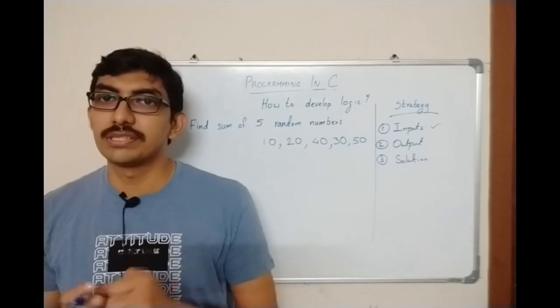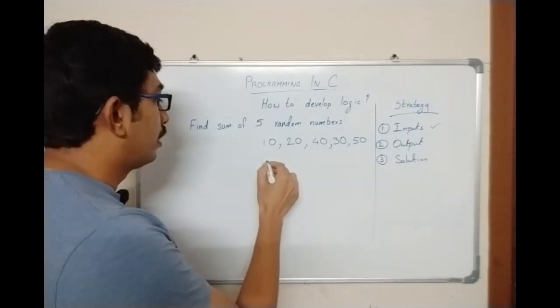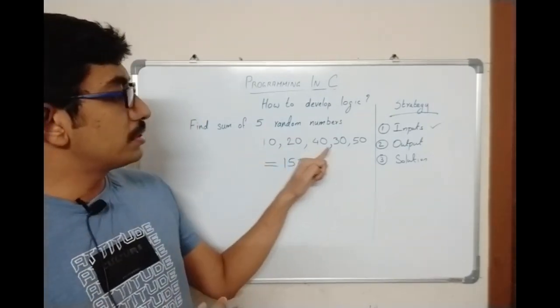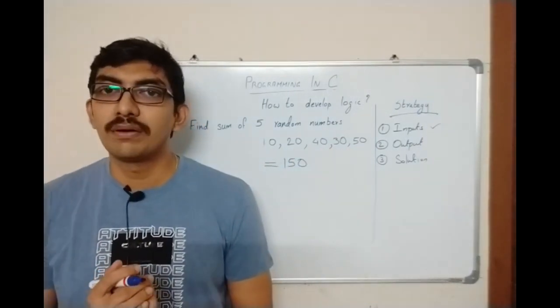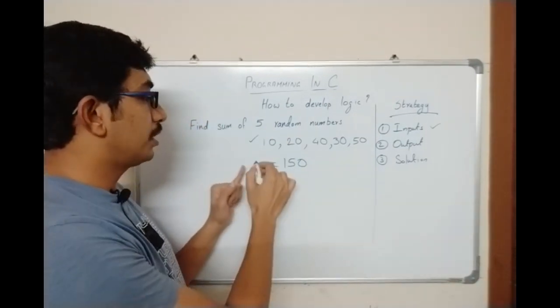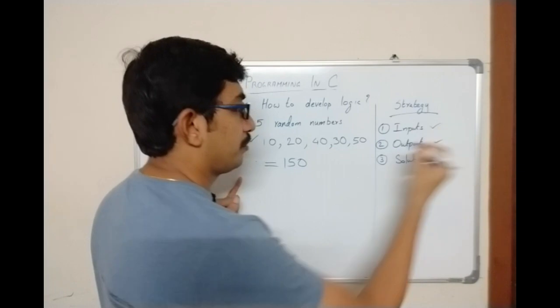I hope you have got the result. If I am right, you would have got 30, 70, 100, 150. So your inputs are these 5 numbers and your output will be 150.